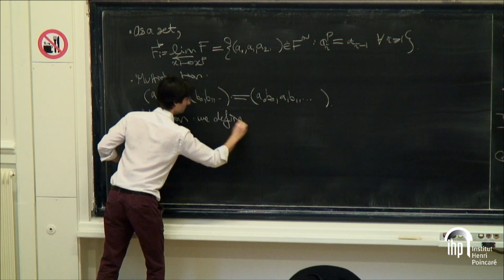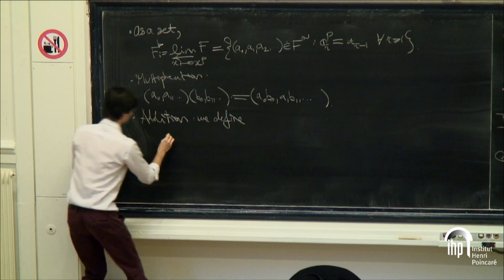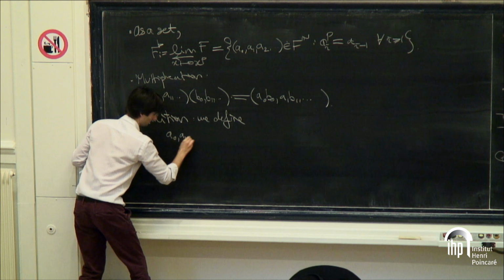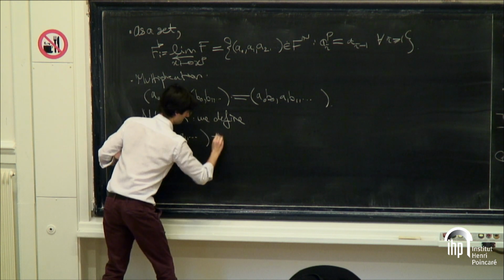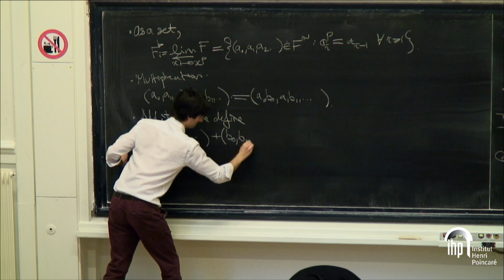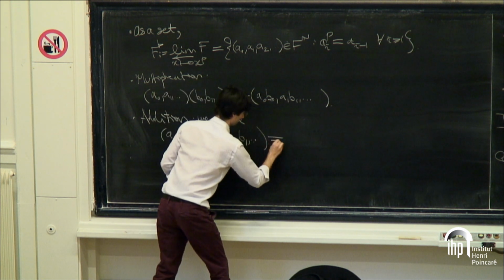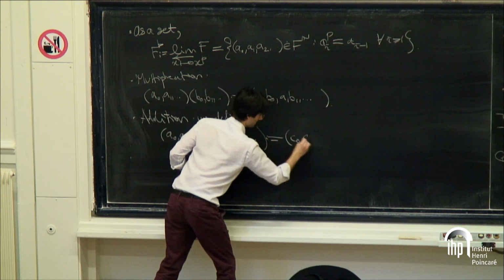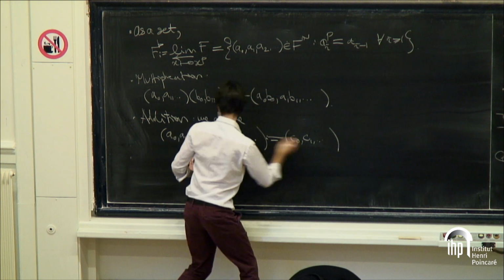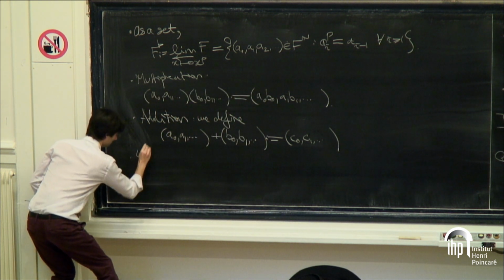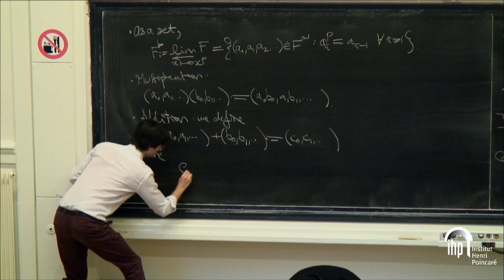So if I have two such sequences, a0, a1, and so on, and b0, b1, and so on, I add them together to form some new sequence where the terms in this new sequence are given as follows.